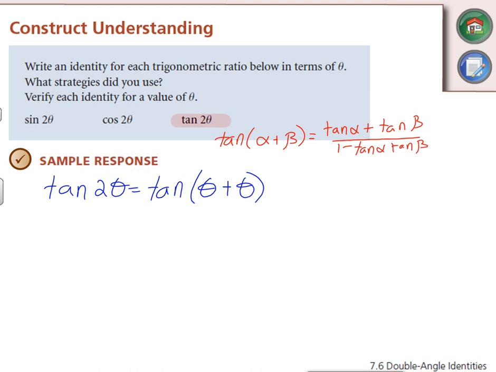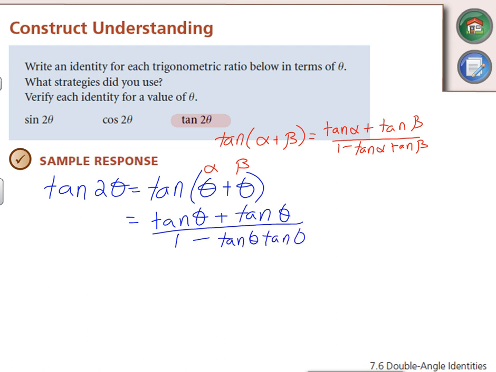In this case, again, the alpha and the beta are just both the same value. Plug her in. Tan theta plus tan theta over 1 minus tan theta tan theta.